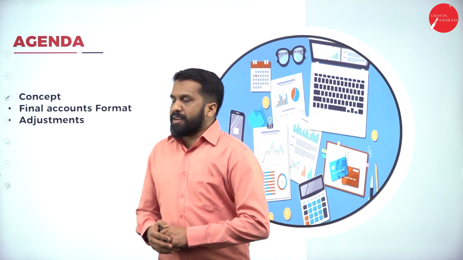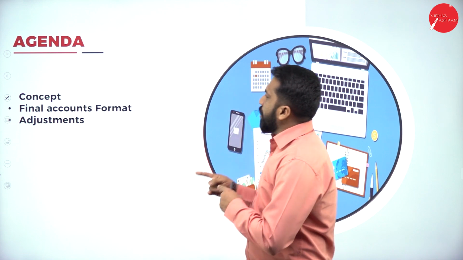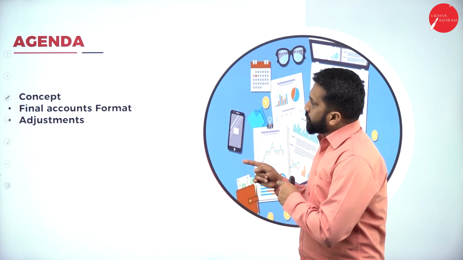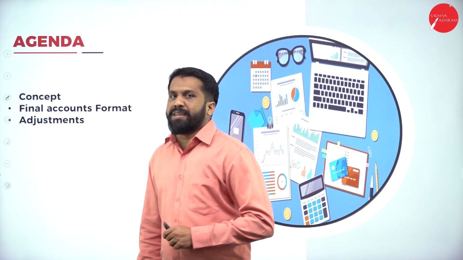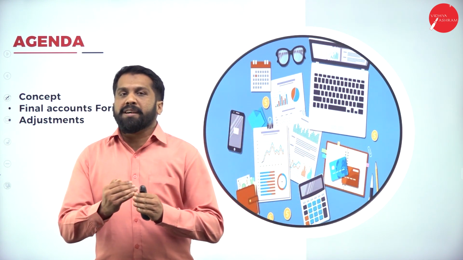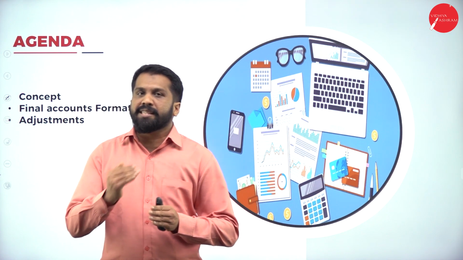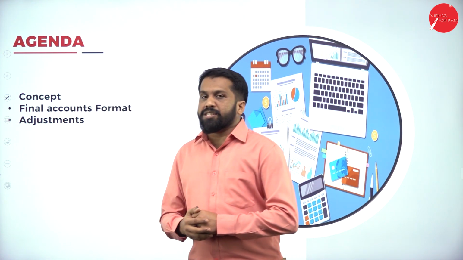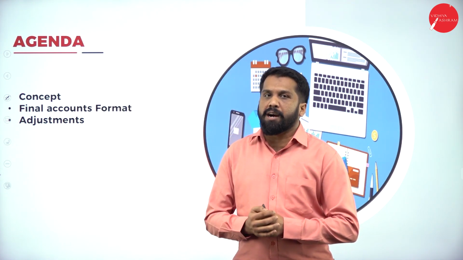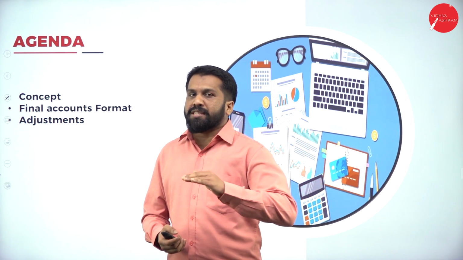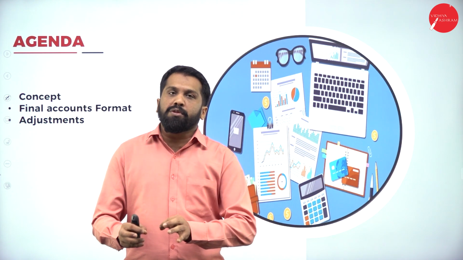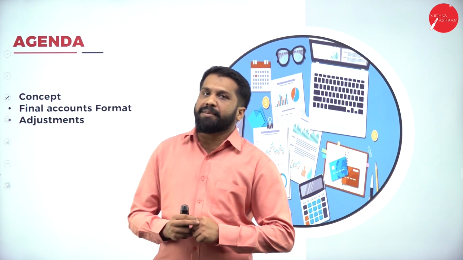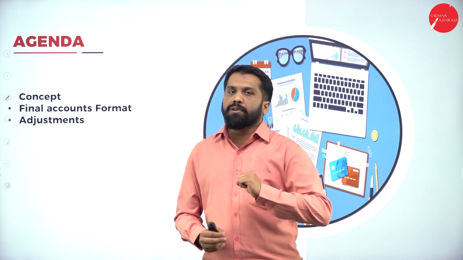Your agenda will be very simple. We'll go with your concept, final accounts format, as well as we will understand adjustments. Now, what is the format to prepare final accounts? Then, what are the adjustments we have in final accounts? Now, along with questions, they will give you 2 to 3 adjustments. We have to go for those adjustments as well as we have to follow that.